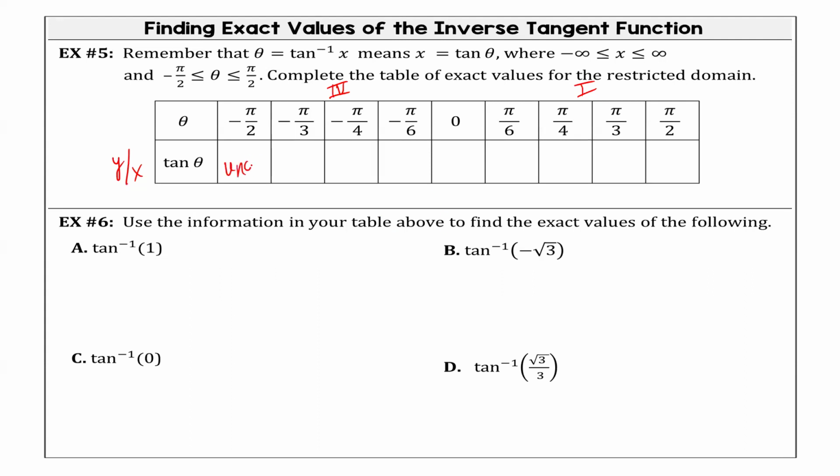You have zero in your denominator. All right, negative pi over 3, AKA 300. Is it positive or negative? Negative.